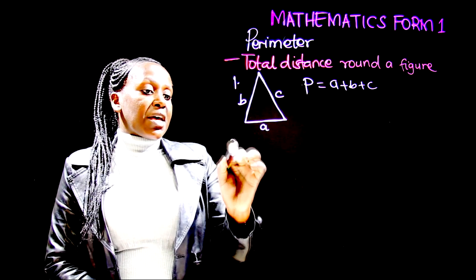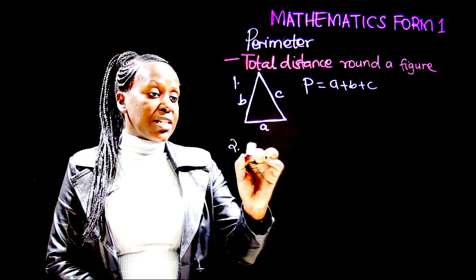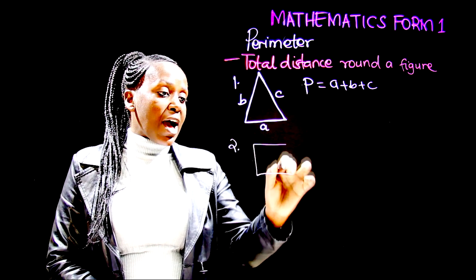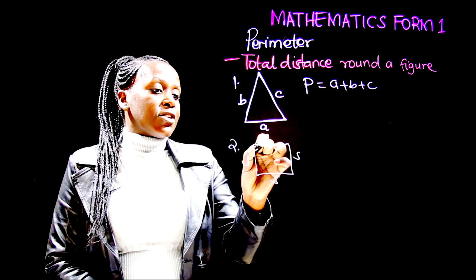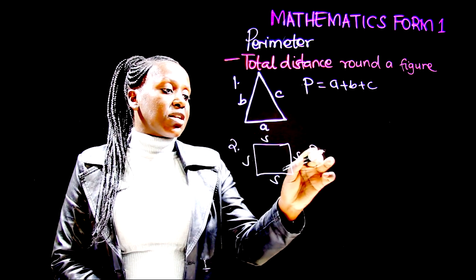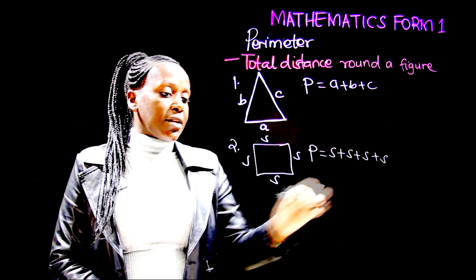This is the same case when you have figures that have 4 sides, like if you have a square, side and side. So the perimeter would still be equal to side plus side plus side plus side.